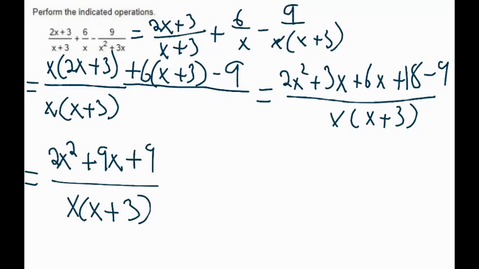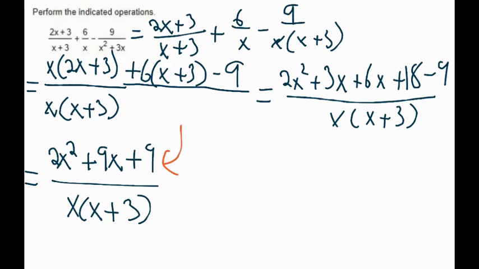But remember, we've got to get this in lowest terms. So we're going to factor this numerator and see if anything cancels out, like we did in section 6.1, I believe, where we simplified rational expressions.